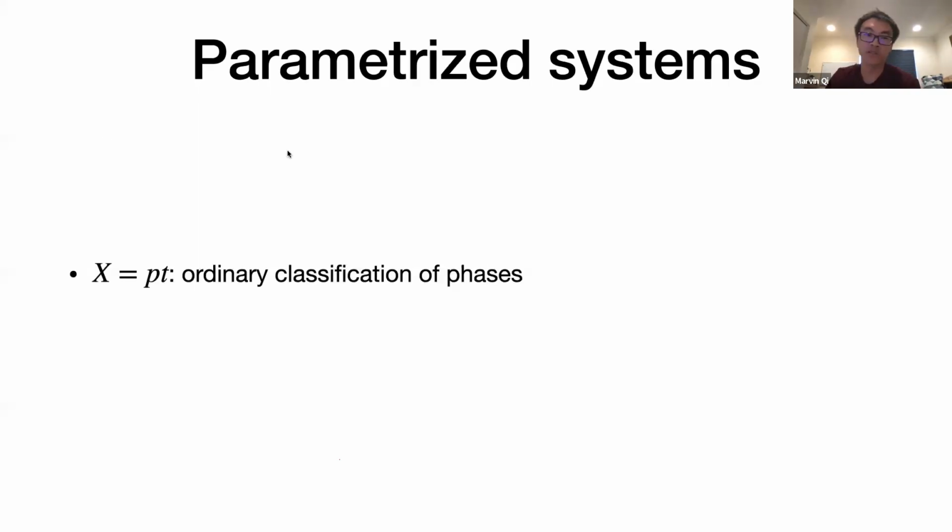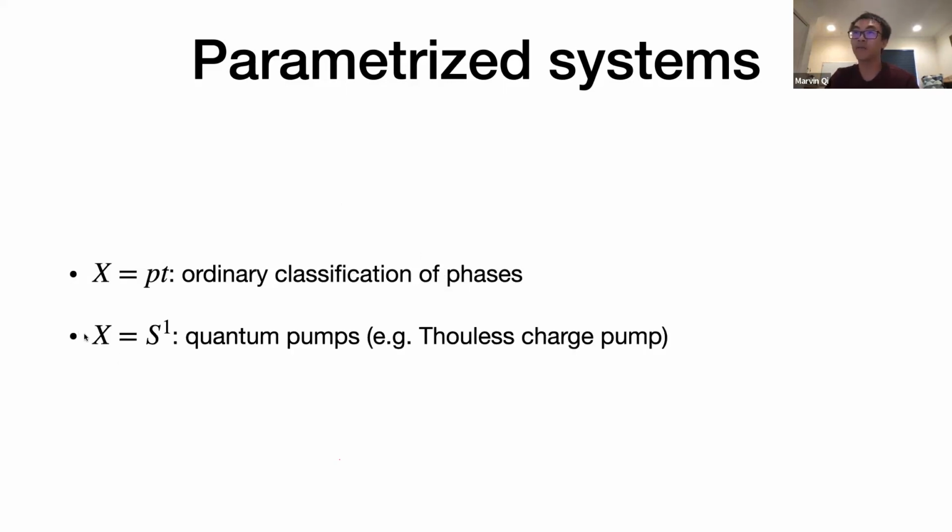Okay, so to establish some base cases, let me just remind the audience of how this relates to what we're already familiar with. So if X is taken to be a point, this just reduces to the ordinary classification of phases. And moreover, if X is S1, sort of the simplest non-trivial X, this describes what are typically known as quantum pumps.